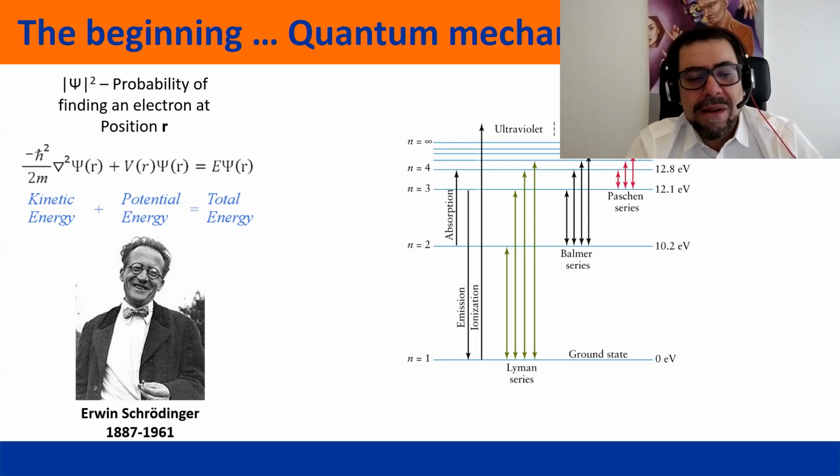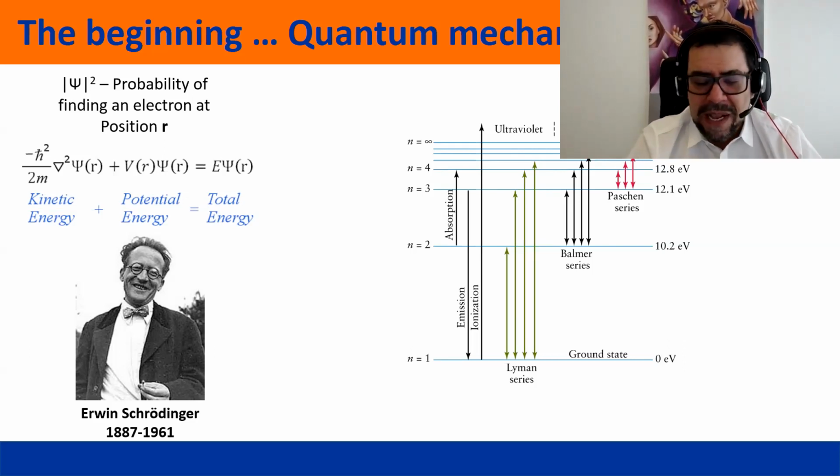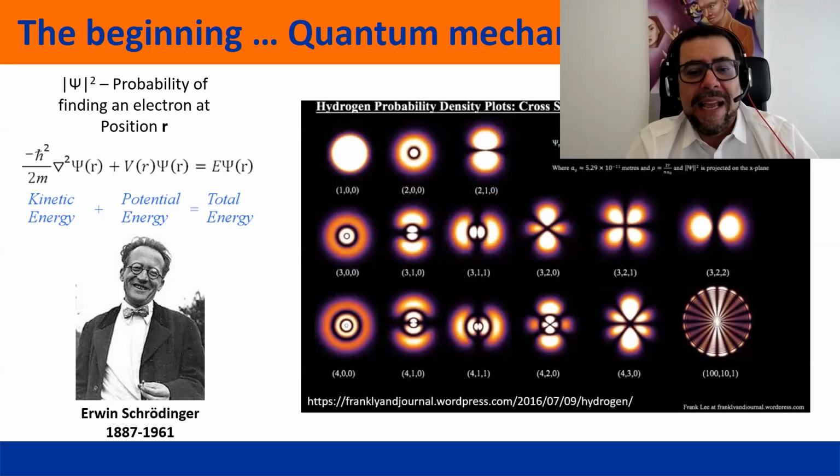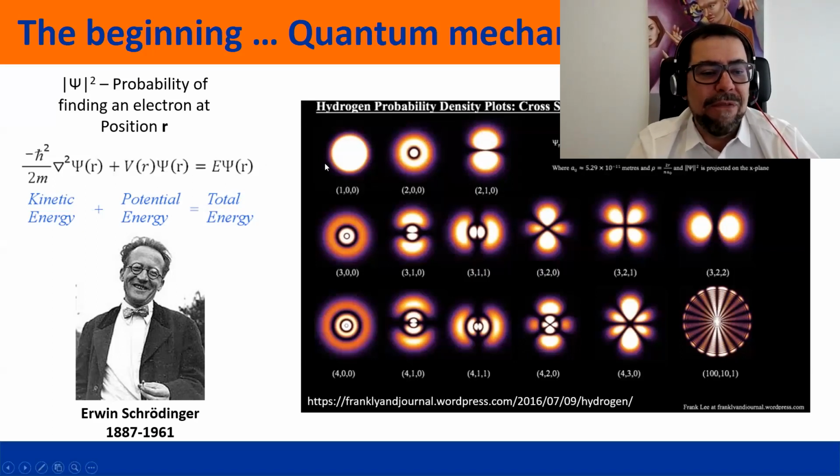But also what it provided for us is this concept that the electron doesn't behave very much like a particle. In many ways, it behaves like a wave, and in fact, it behaves as both. And if you look at the plots of these wave functions that solve the Schrödinger equation for the hydrogen, you find these beautiful patterns starting from the ground state, and then all the excited states.